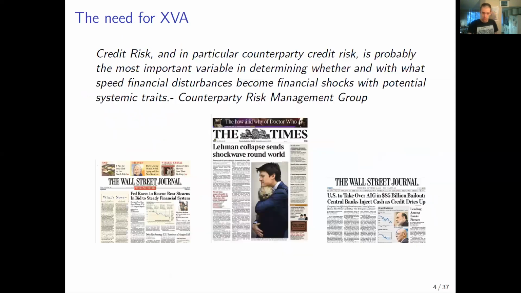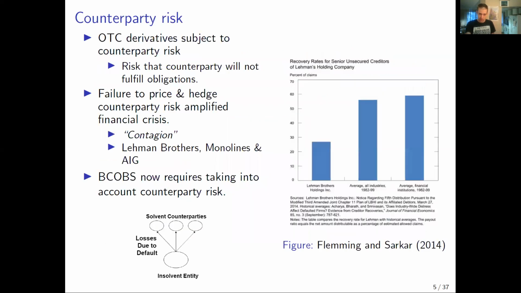Okay, so the quote we were looking at is talking about counterparty credit risk. So what's that? Well, because they're not traded on an exchange, OTC derivatives have this form of risk called counterparty credit risk, which is the risk that the counterparty, that is the person on the other side of the derivative contract, will not fulfill their obligations.